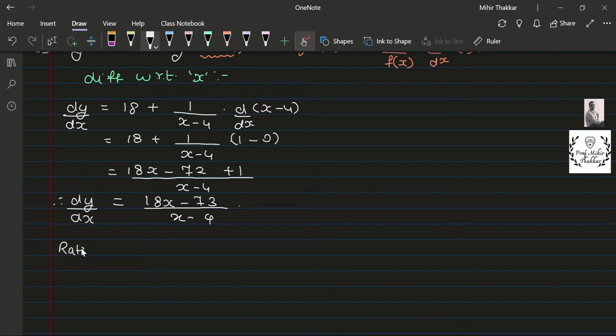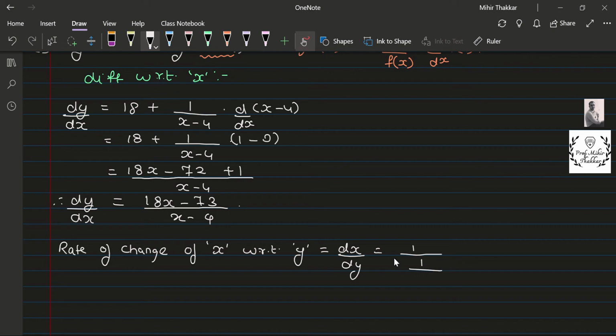of x with respect to y, which is given by dx by dy. And what is that? It is reciprocal of dy by dx. So I will get over here 1 over dy by dx.